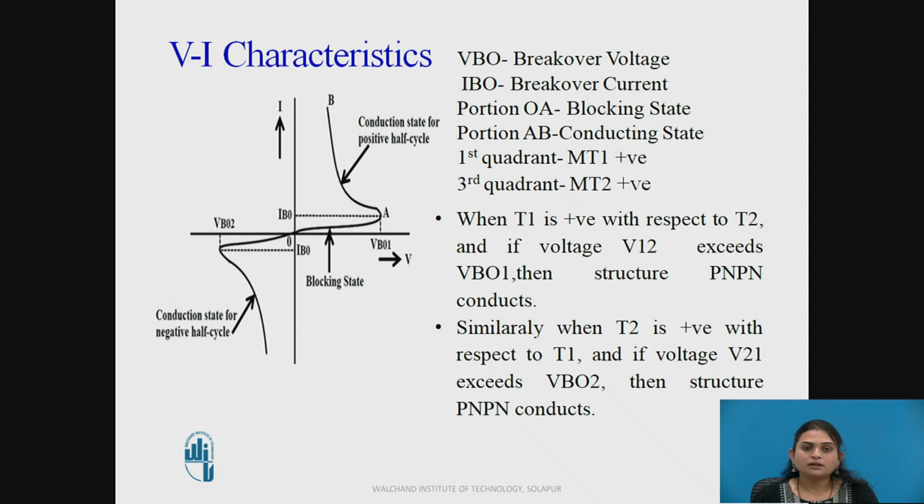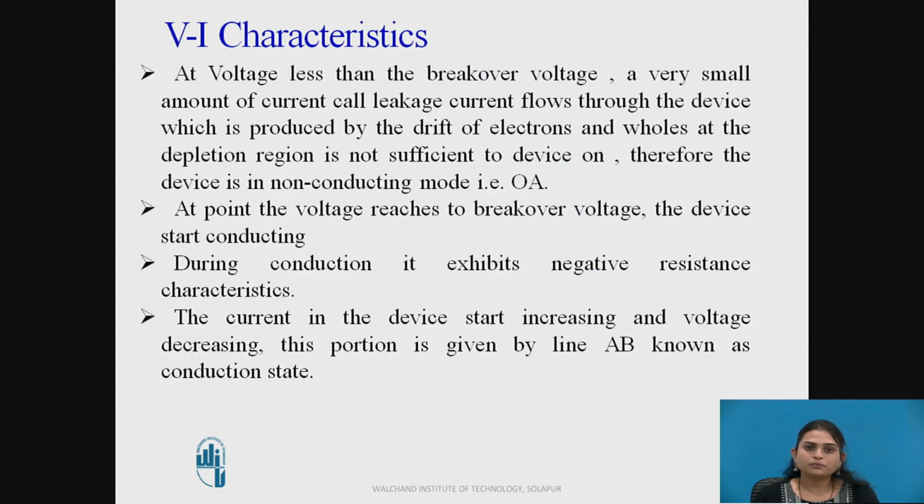At a voltage less than the breakover voltage, a very small amount of current called leakage current flows through the device, which is produced by the drift of electrons and holes at the depletion region, and is not sufficient to turn the device on. Therefore, at that time the device is in non-conducting mode because the voltage is low.